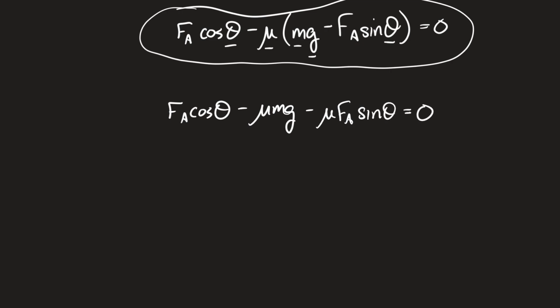Keep the terms with FA on the same side of the equation and move the terms without FA in them to the other side of the equation.